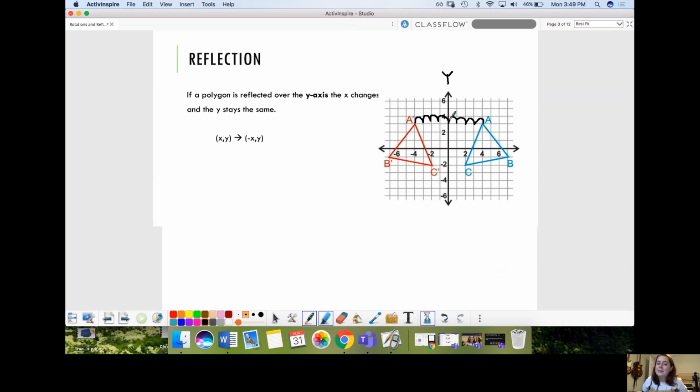We would see the same rule apply if we checked for B and for C. And so as we're reflecting, we can think about when we reflect over the y-axis, we change the sign of the x. So if the x was positive, it would become negative. And if it was negative, then it would become positive. So the x changes signs. The y will stay the same.